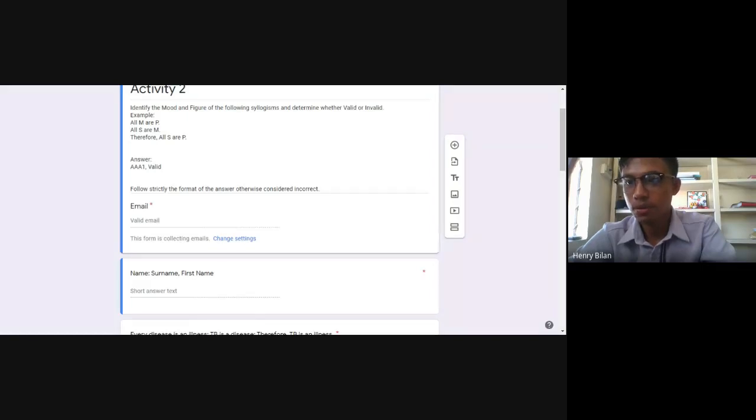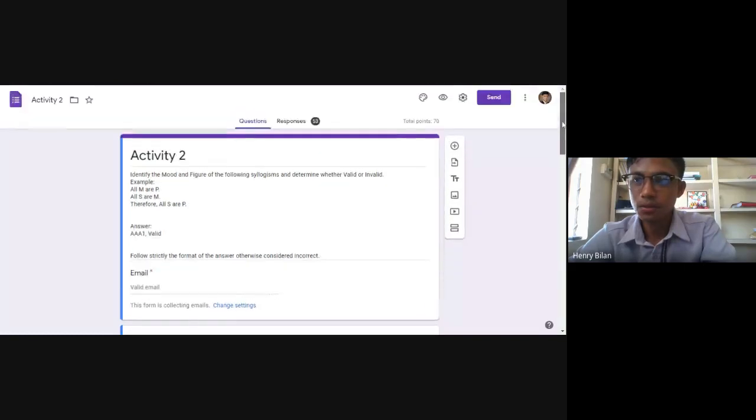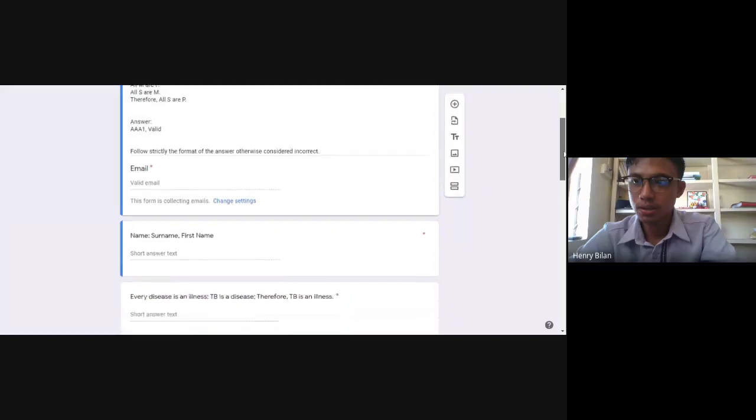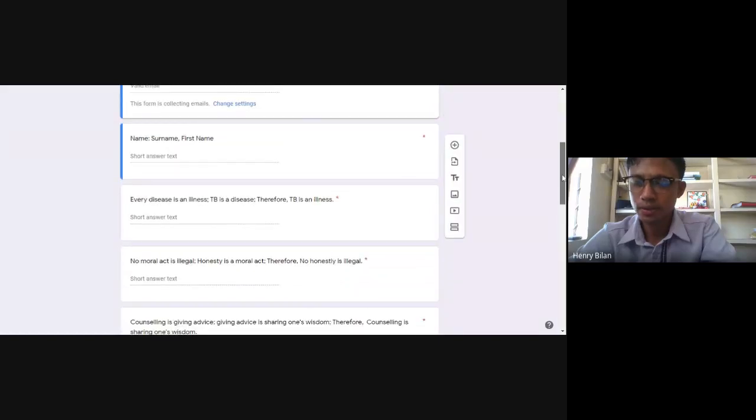Pen and paper. So kailangan nyo mag-drawing ng tatlong circle, and then saka nyo i-diagram yung mga syllogisms. Then before next meeting, it should be uploaded, should be submitted in the Google Classroom. So take a photo and upload. That is visible for everyone. Okay? Dapat maganda yung inyong pagkagawa, pag-picture din.